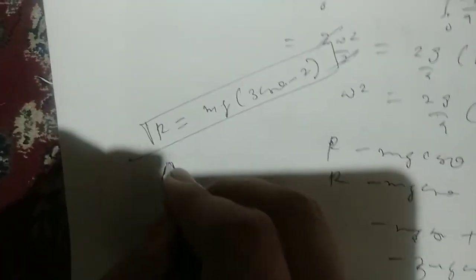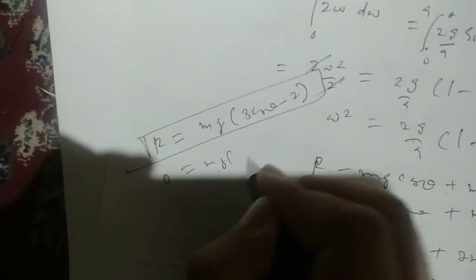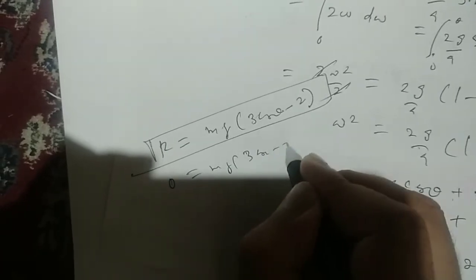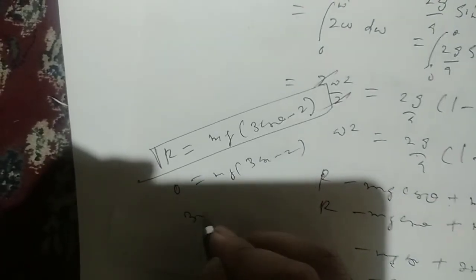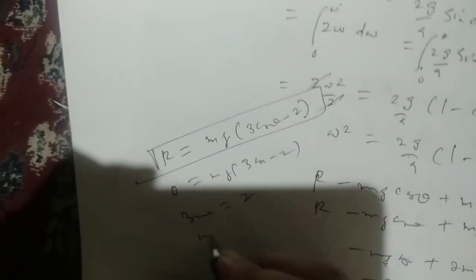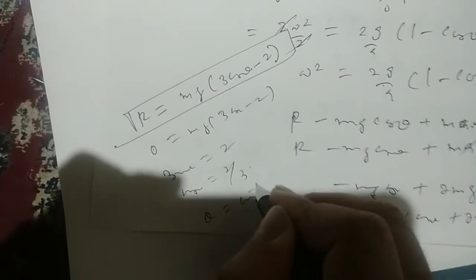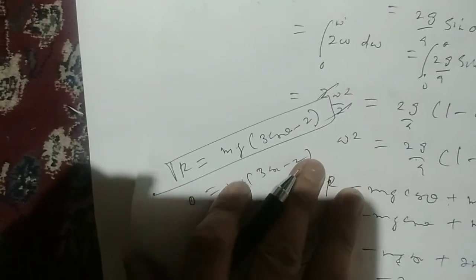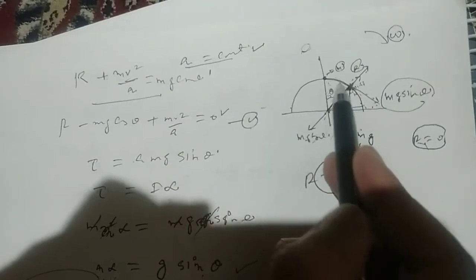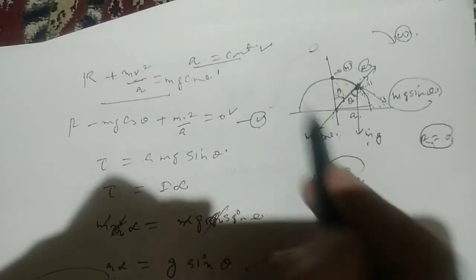When this normal force vanishes, we put R equal to 0, mg times 3 cos theta minus 2, so 3 cos theta will be equal to 2, cos theta will be equal to 2 by 3, and theta will be equal to cos inverse of 2 by 3. This is the value of theta at which the particle will leave contact with the surface of the hemisphere. Okay, by this way the problem ends.